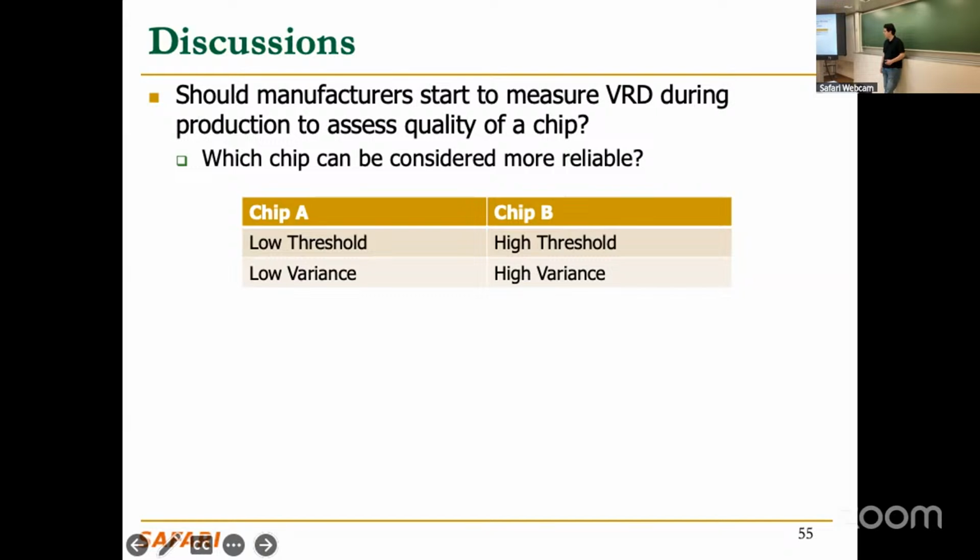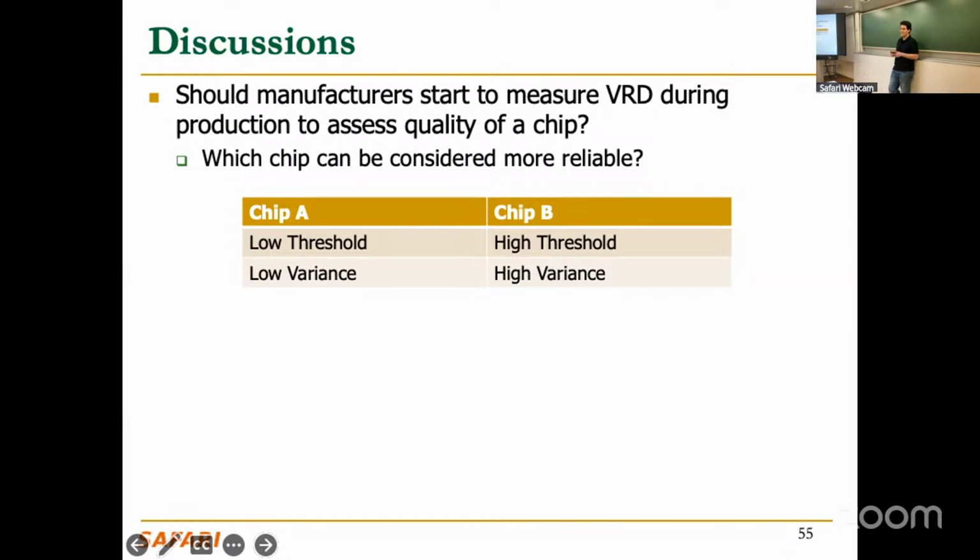So would you consider variance a more reliable metric than the threshold value that was maybe advertised for the chip? You assume that variance is a more important metric than threshold, right?